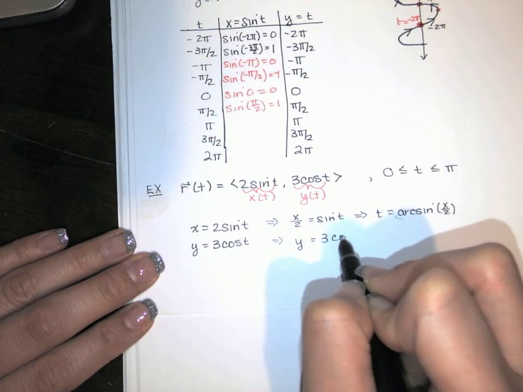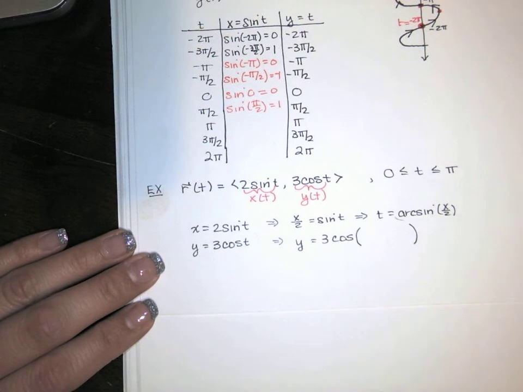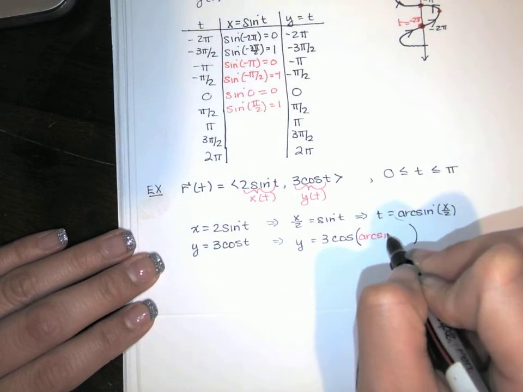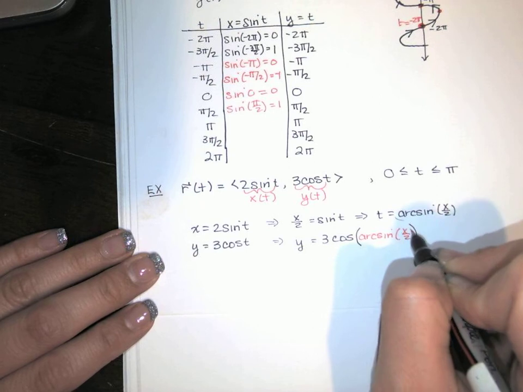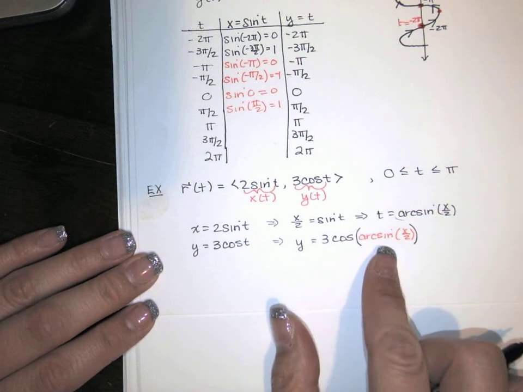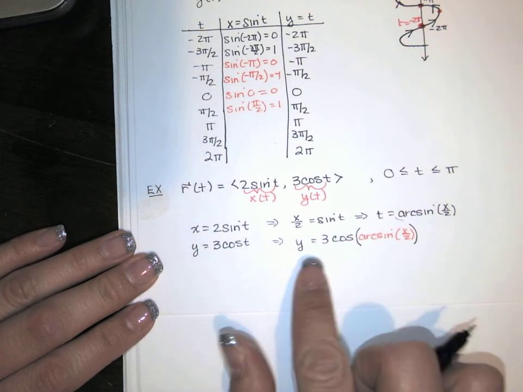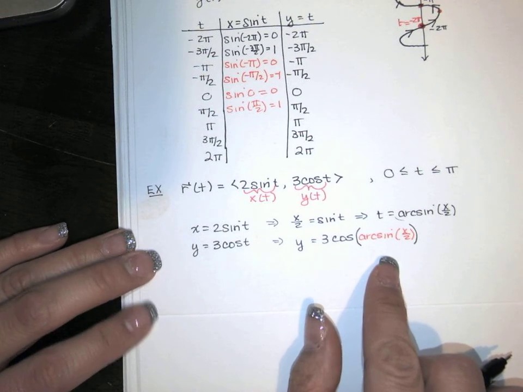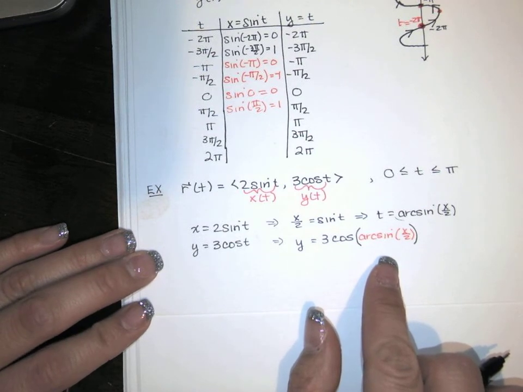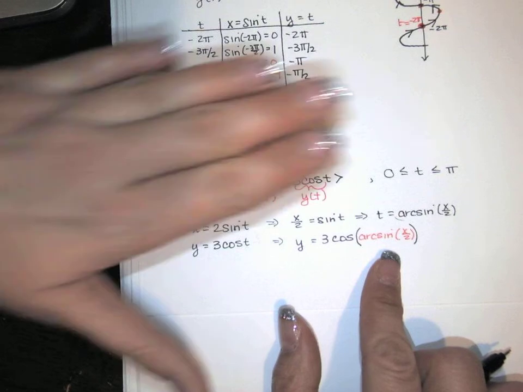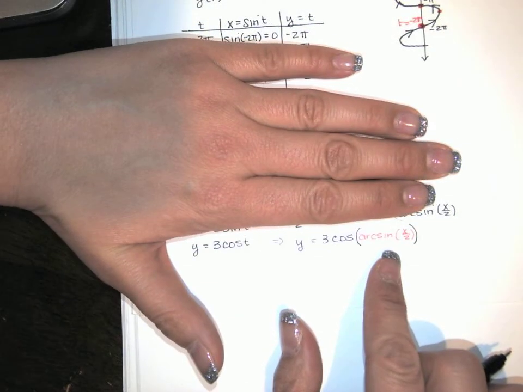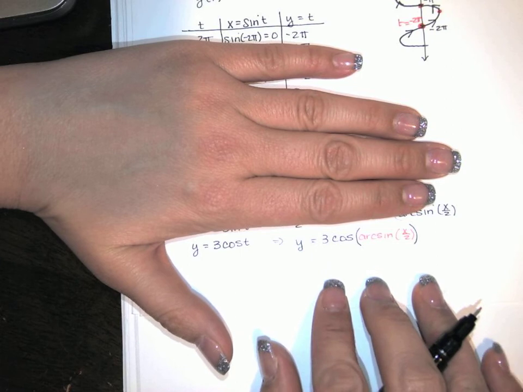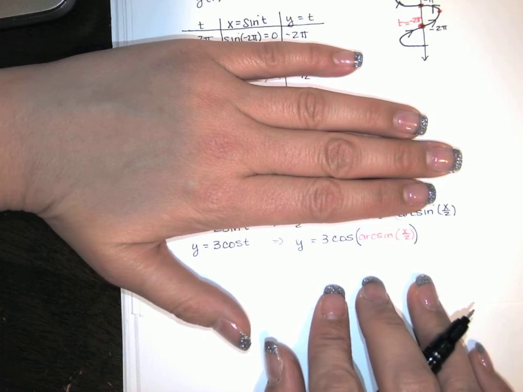So y equals 3 times cosine of t, so you have 3 cosine of the arcsine of x over 2. That's not what I want. Yes, it's technically correct. I have eliminated the parameter t, but do I have any idea what that looks like just from looking at this? When I see that equation, I don't know how to graph it. Most people don't. So instead of doing this, we're going to do something else that will allow us to graph this curve.